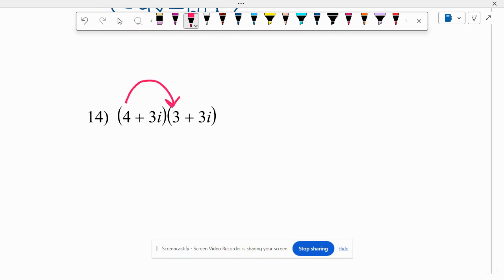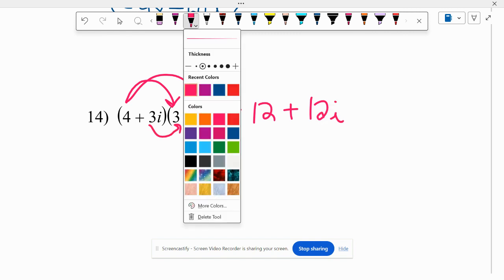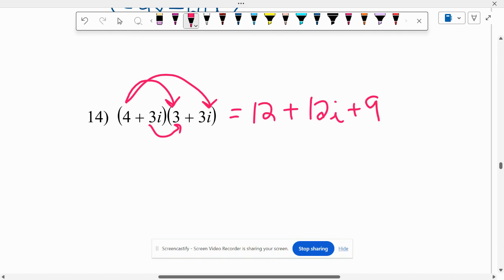Okay. 4 times 3 is 12. 4 times 3i is 12i. 3 times 3i is 9i. And 3i times 3i, let's see. 3 times 3 is 9, and i times i is i squared.